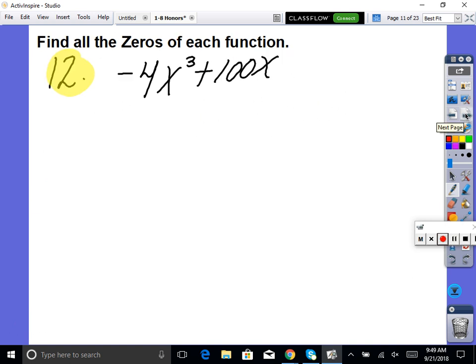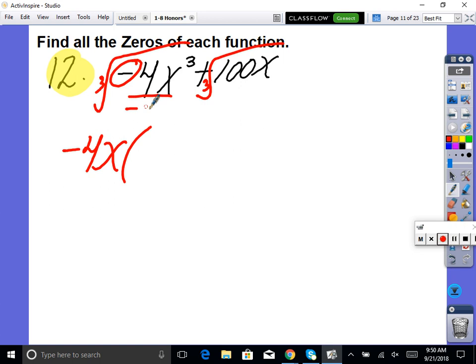And number 12, and then I'm going to let you go for it. How would you solve this one? Good thought, but if we cube root, we're in some trouble just because there's not cube roots. Okay. Good. Pull out -4x. Why did you say negative? Because it was leading closest to negative. Yep, awesome. We should always factor out a negative. Way to remember that. Pull out a -4x. So then you have x squared minus 25.